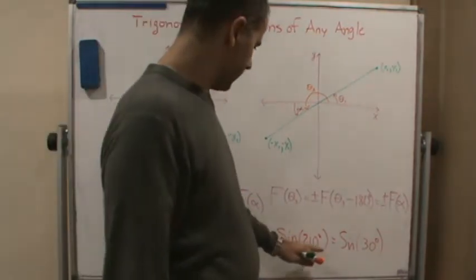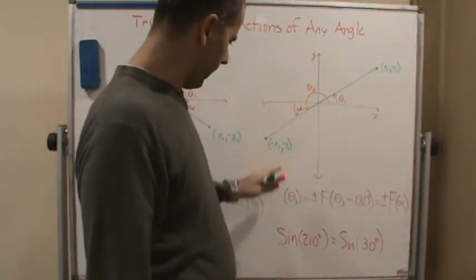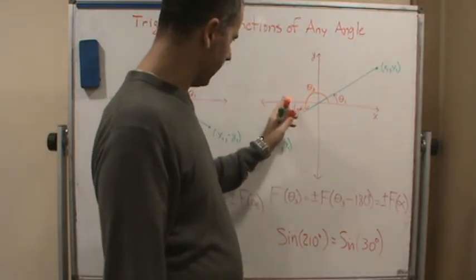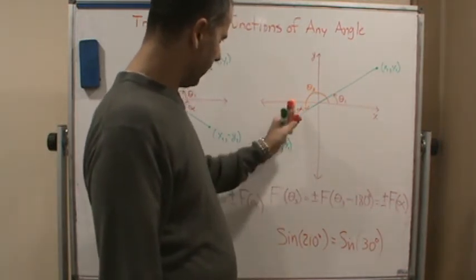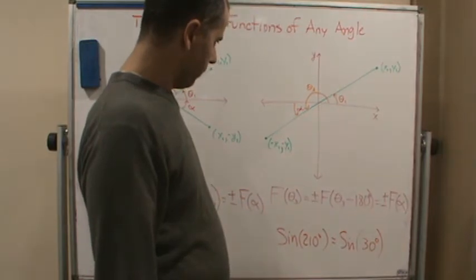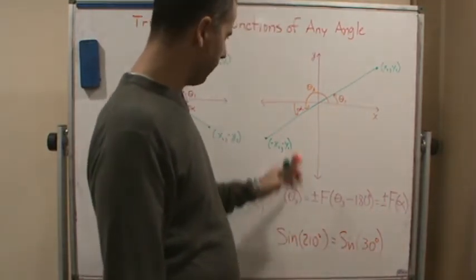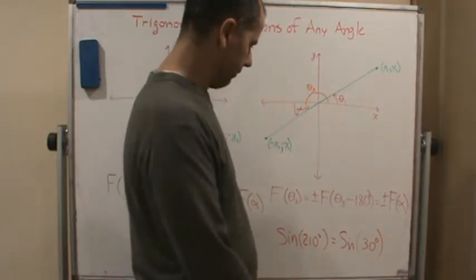So 210 is in the third quadrant, and so if we have our rectangle here, we've got negative x and negative y. In this case it's a 30-degree angle, so it's going to be 1/2, but it's going to be negative 1/2.